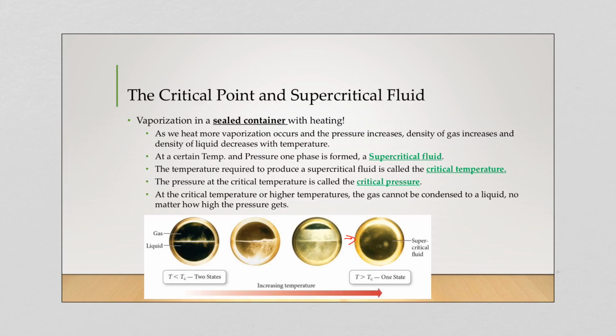The gas cannot be condensed back to the liquid, no matter how much you change the pressure. You can keep pumping the pressure up, it doesn't matter, because in essence, you no longer have a gas and a liquid, you have a supercritical fluid. We'll come back to this when we talk about phase diagrams, and we can look at where a supercritical fluid occurs on that phase diagram.